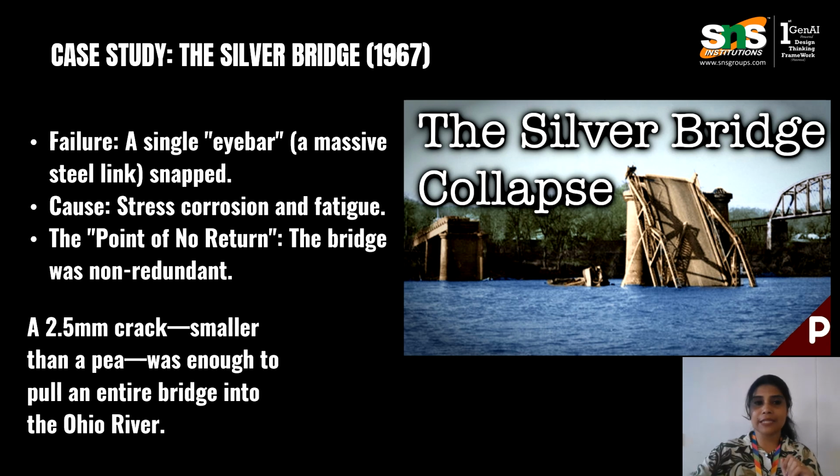Here is a case study of 1967, the Silver Bridge collapse. It happened in West Virginia, where the bridge collapsed into the icy Ohio River during rush hour. Who's the culprit here?